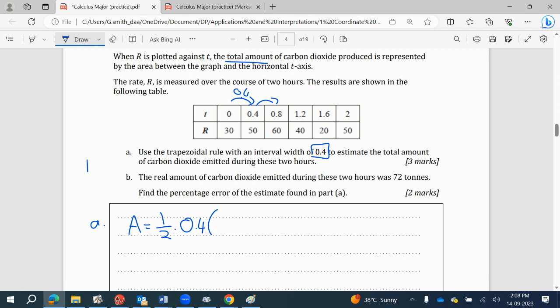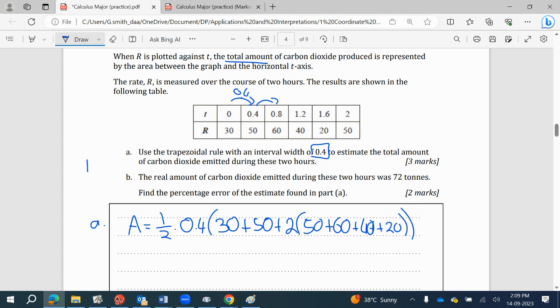And the last will have the sides 40 and 20. We only use the 30 and the 20 once, because the endpoints only use them, but all the middle ones get used twice. So this is going to be 30 plus 20 plus 2 times, and then these ones, we need 50 plus 60 plus 40, close bracket, close bracket.